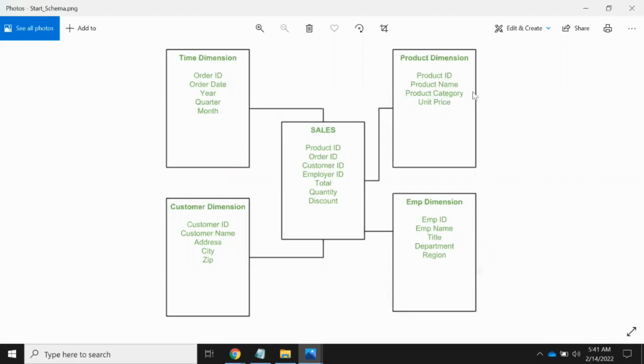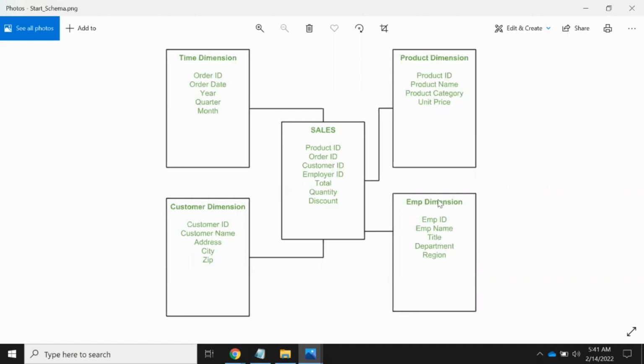For the customer dimension, for a customer ID, we can understand the customer name, address, and city. And employee-related details we can see only individually. When you consider one dimension, you can see only that related information.